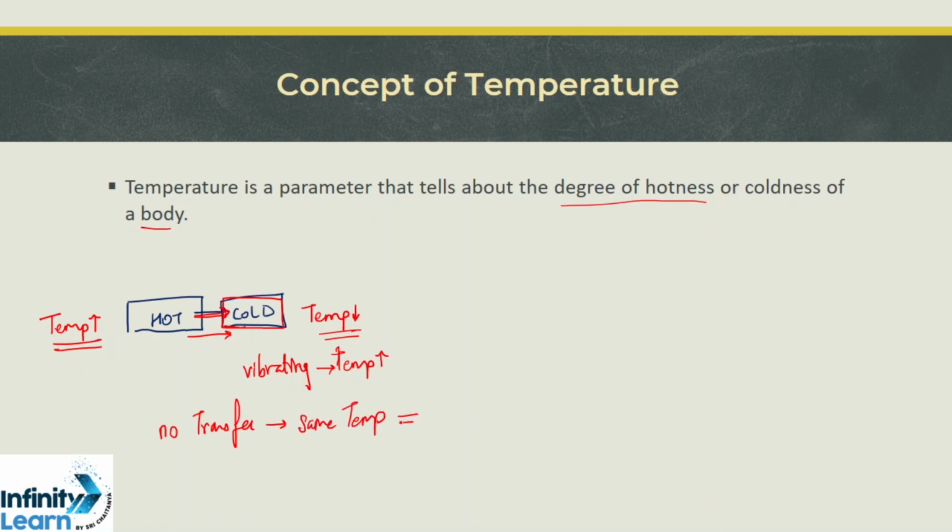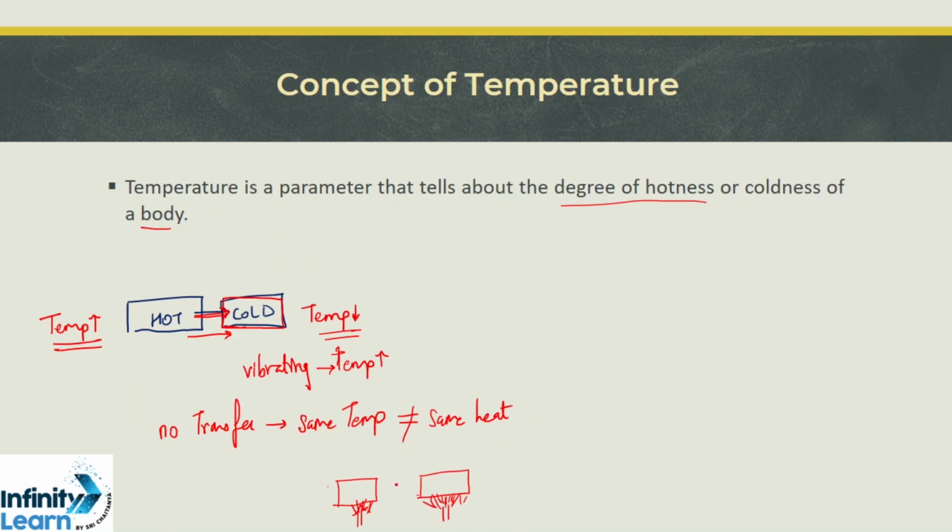But please understand, this does not mean that they have the same heat content. This we can understand with a simple example. We are able to heat some substances very easily, and with less amount of heat they reach a higher temperature. On the other hand, there are substances which require more heat to reach the same temperature.